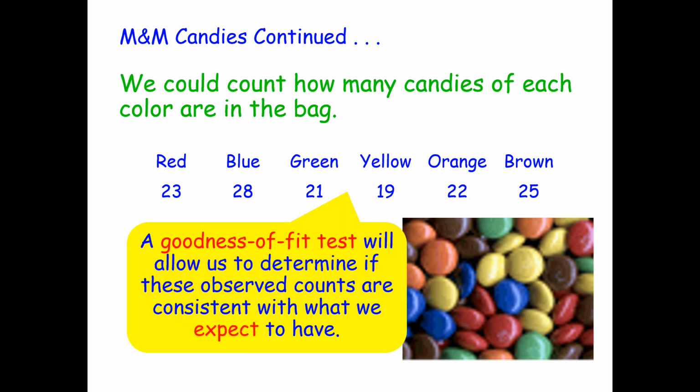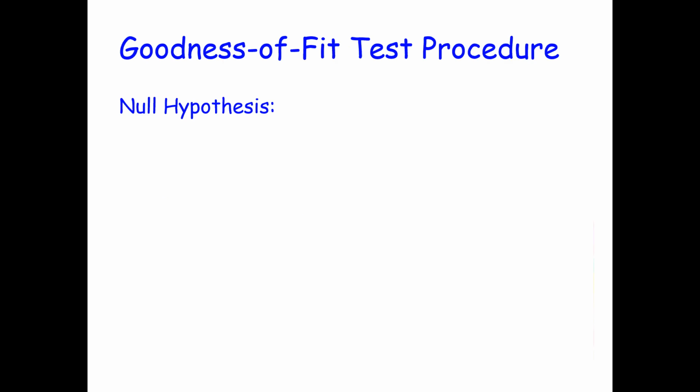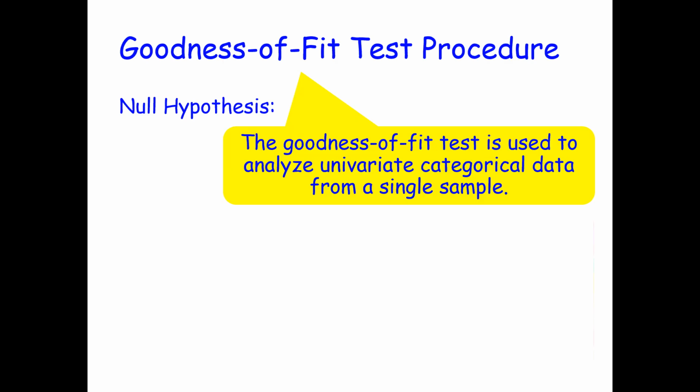Now, a goodness of fit test will allow us to determine if these observed counts are consistent with what we expect to have. So a goodness of fit test is used to analyze univariate categorical data from a single sample.